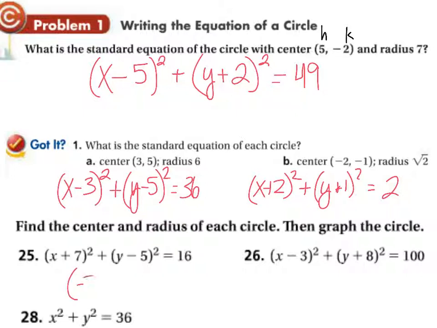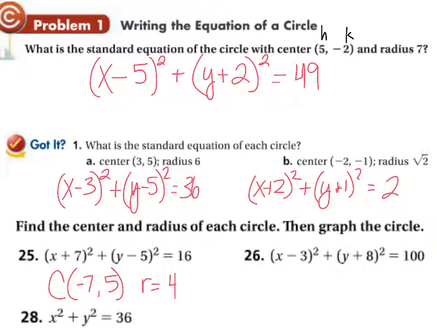So the x is going to be a negative 7 and the y is going to be a positive 5. That's the center. And then the radius, remember the formula equals radius squared, so if you square root that, you get 4. If I wanted to graph it, I would just plot the center, and then typically I'll go left 4 units, up 4 units, right 4 units, down 4 units from that center and get some points to go ahead and make my circle.